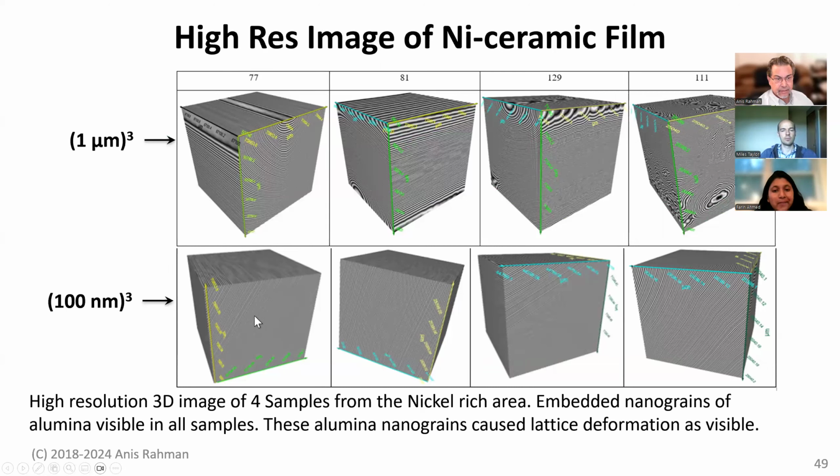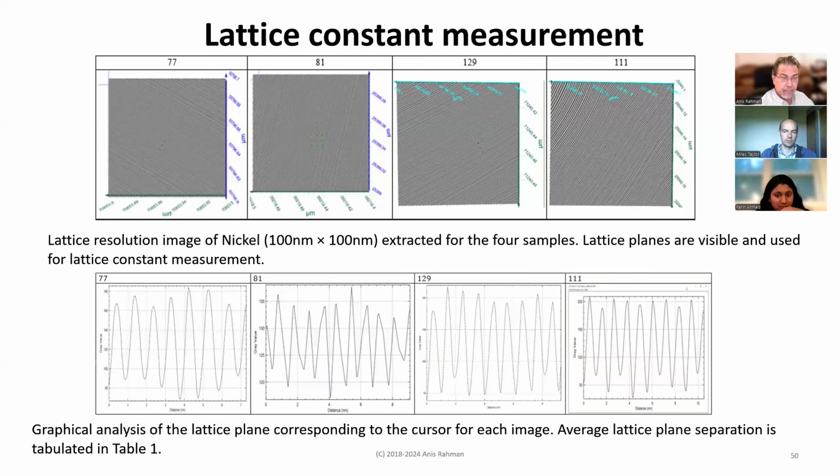Then we isolate. So this is 1 cubic micron. And if we take only 100 nanometers by 100 nanometers by 100 nanometers from suitable places, then we can measure the lattice structure or lattice plane separation. So this is how we isolated one surface of that 100 nanometer cube. And then again, the same technique.